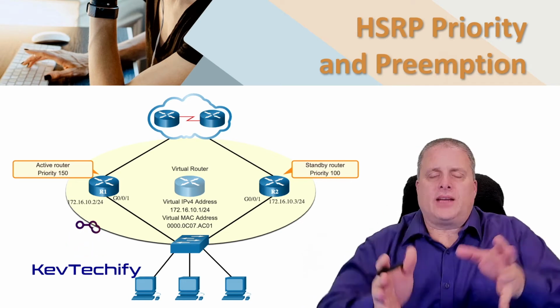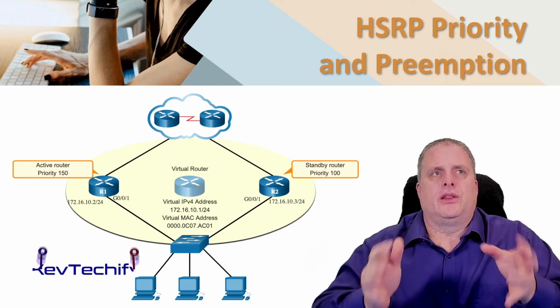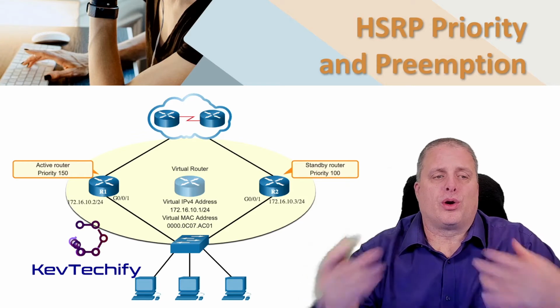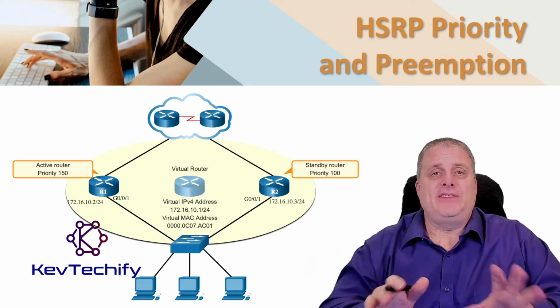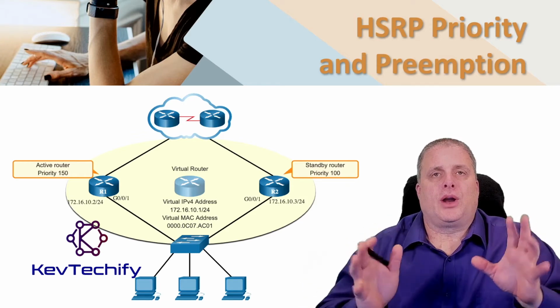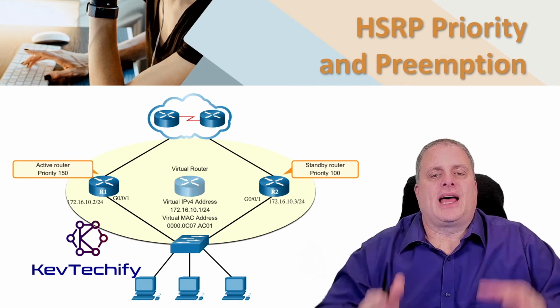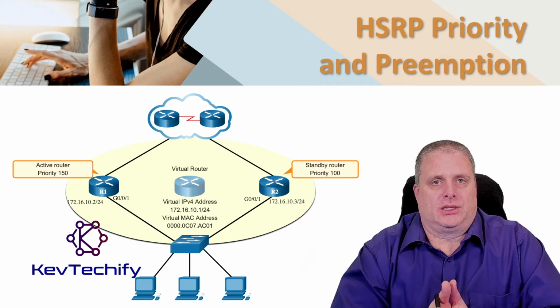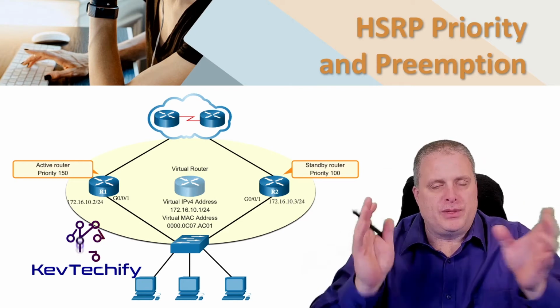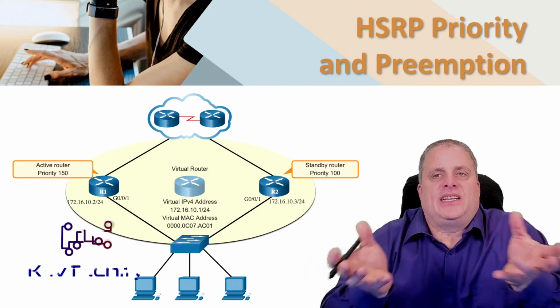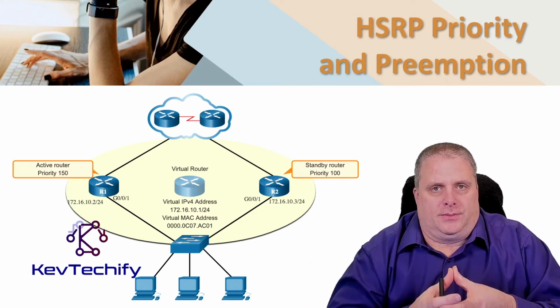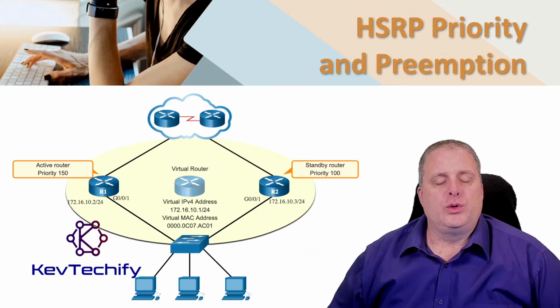The role of the active and standby router is decided through the HSRP election process. By default, in the election process, the winner is the highest IP address between the devices in this HSRP group of routers. In our diagram here, we have two routers.